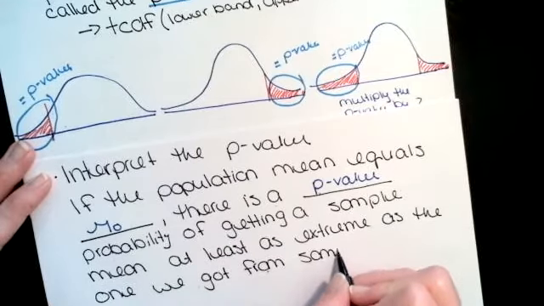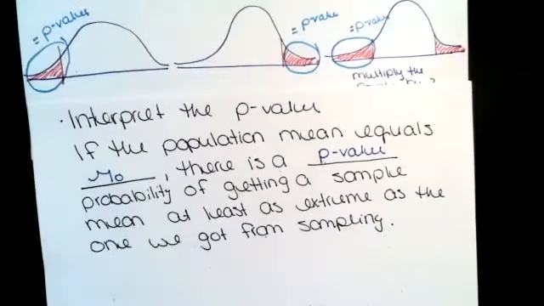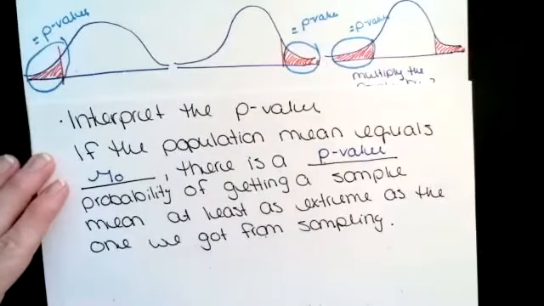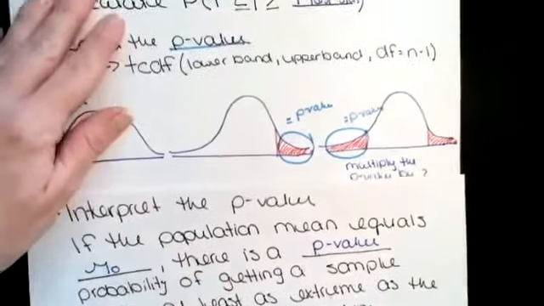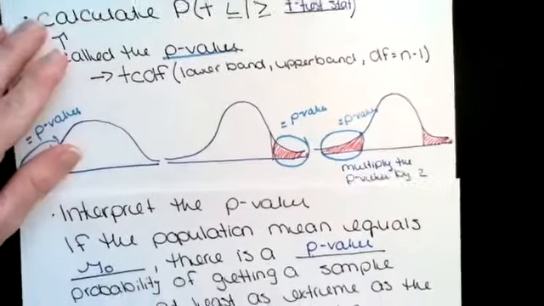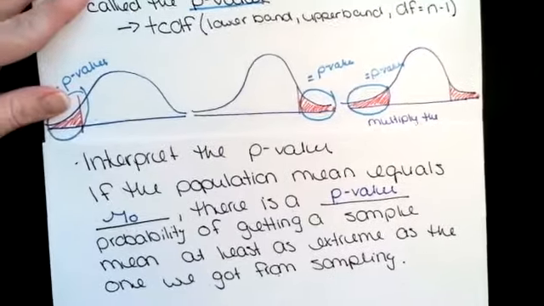Let me explain this because this interpretation can be overwhelming. What we're saying is that if the center of the curve is my null, my mu naught, then the probability we calculated up here, the p-value, is the probability of getting another sample mean, maybe a second sample mean, at least as extreme as the one we got originally.